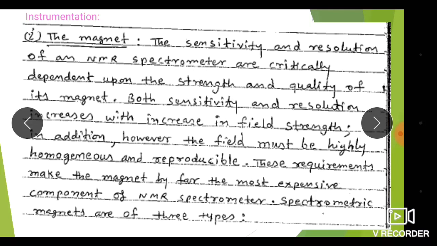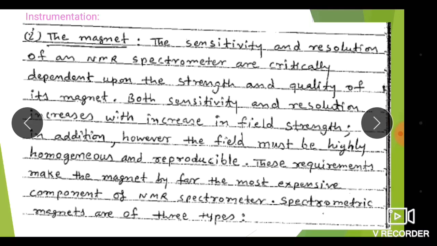The sensitivity and resolution of an NMR spectrometer critically depend upon the strength and quality of its magnet, because all the working of this instrument depends upon the magnet. Both sensitivity and resolution increase with increase in the field strength H0. Whenever the field strength increases, the sensitivity and resolution of the spectrum also increase.